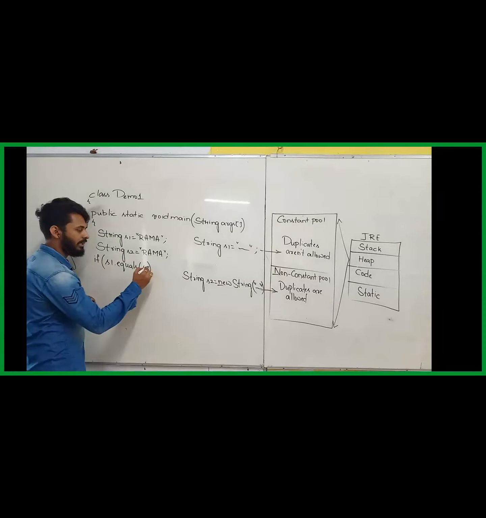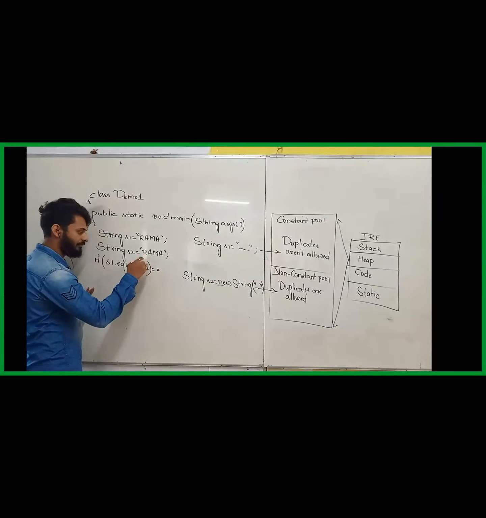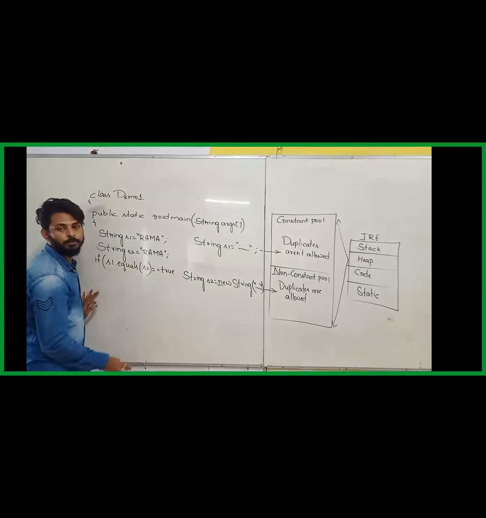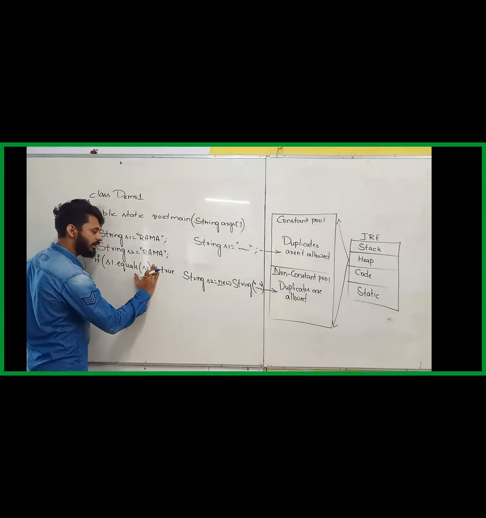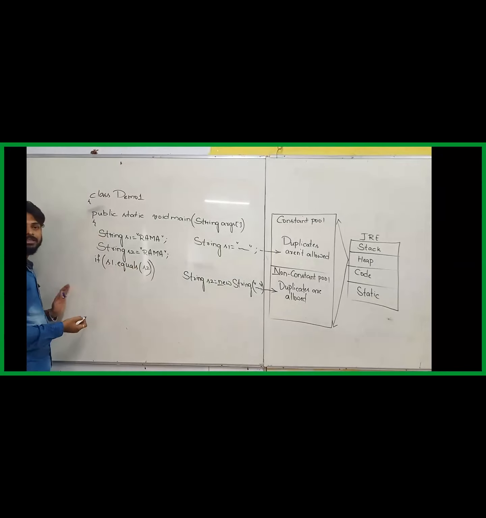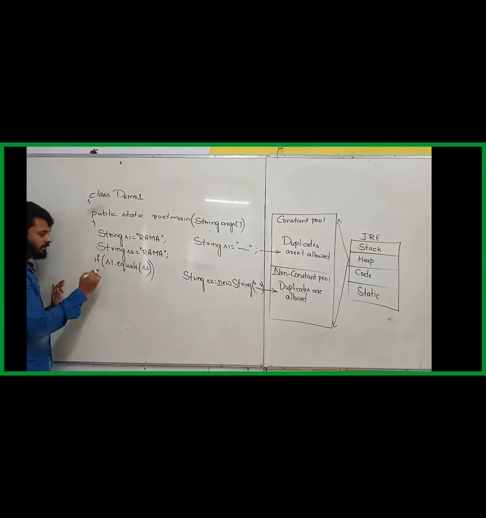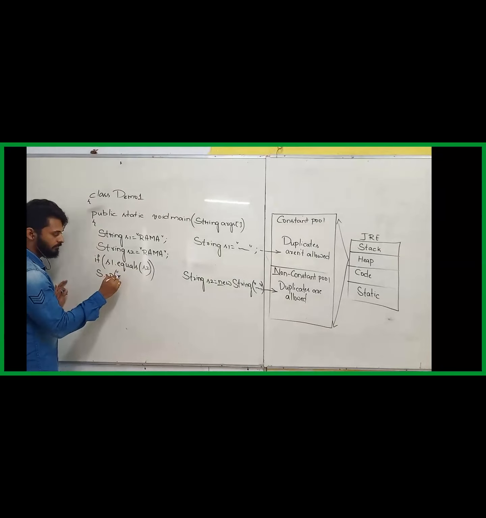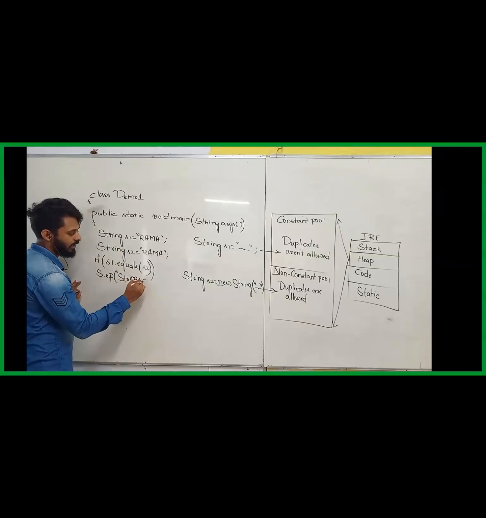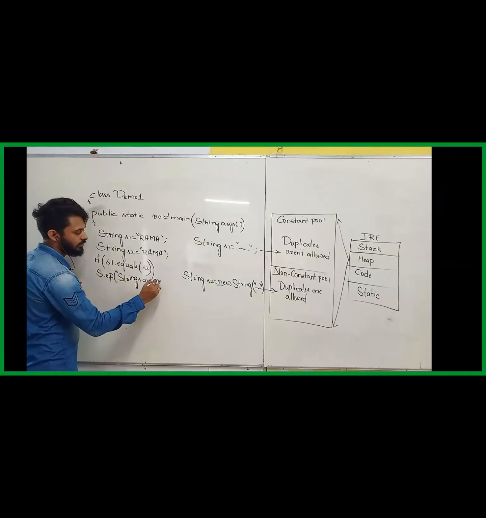You can also write if the value you get from this method is equal to true, but you need not write this. Without writing this also it will work. Okay. So if you write this much, if it is true, then what should I print? Strings are equal.